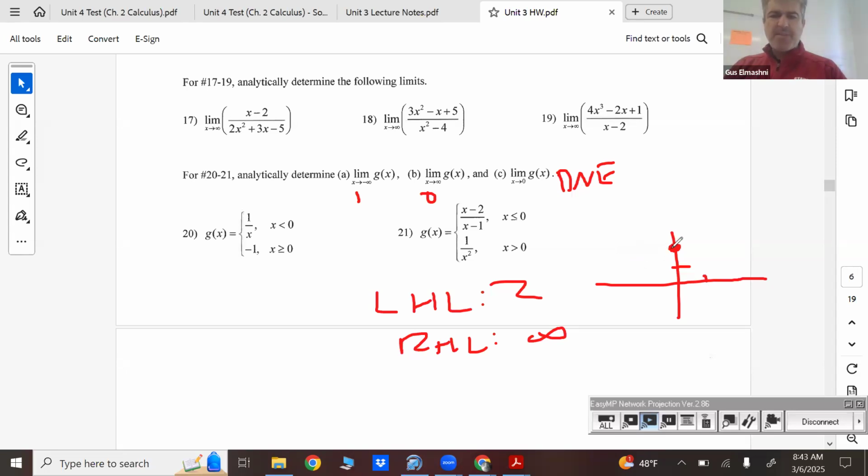I think it looks like this. Yeah, it does. I'm right. And then this one here. Yeah, that's how the graph looks. And so therefore it does not exist.